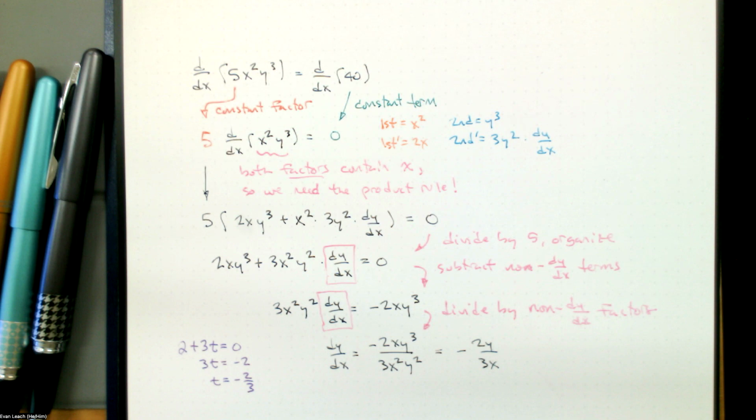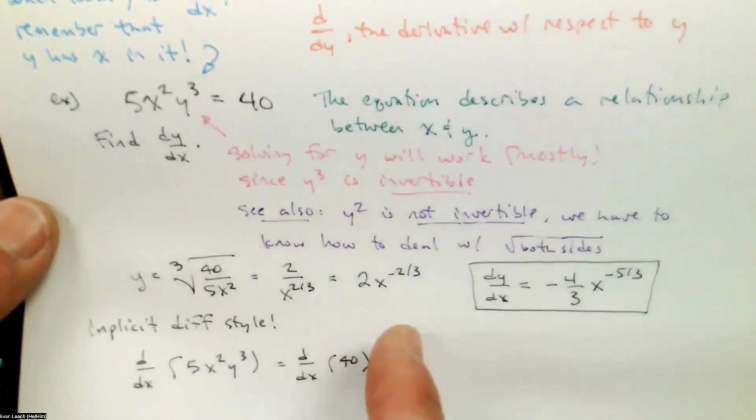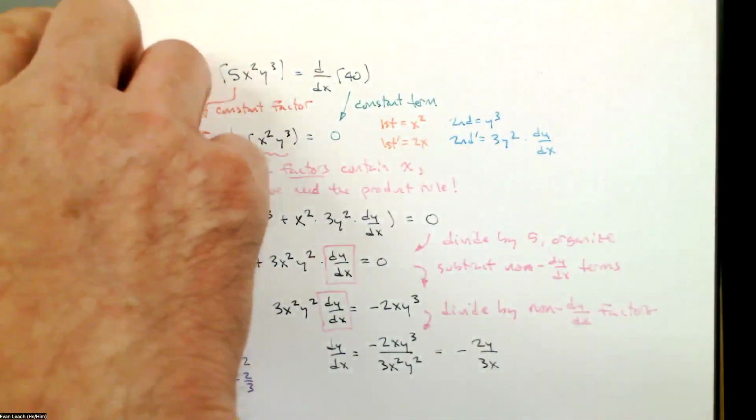We do want to see if this is consistent with what we had before. So if you recall, we had written y as 2x to the negative 2/3.